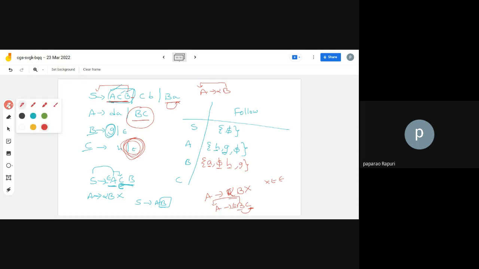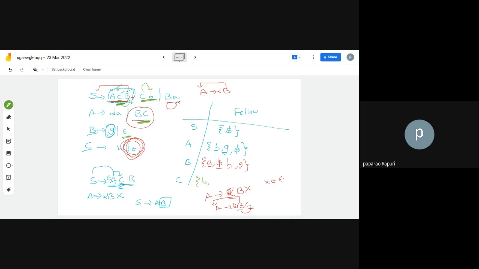And coming to the next one, C. Here there is a C, here there is a C, and here there is a C. Here simply we can say that follow of C is equal to small b. After that, from here, what can we write? After C, there is a non-terminal, and that non-terminal is producing epsilon.